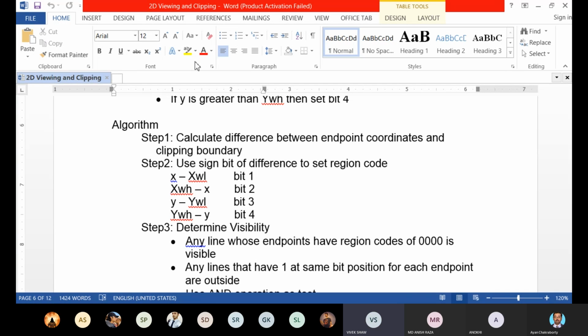XWH minus X is positive, it means that X is less than XWH, that means XWH is greater than X. So that is the second bit. If it is positive, it lies on the right side of XWH.